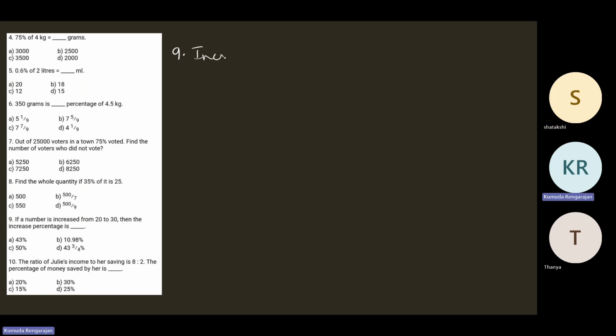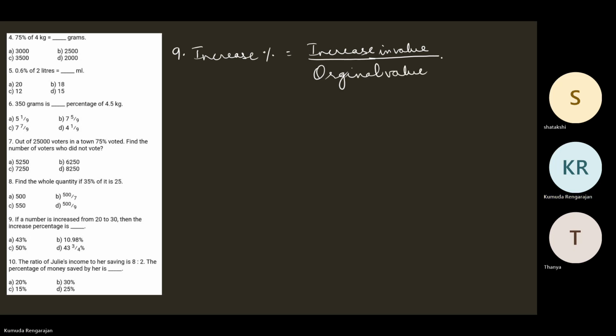Yeah, okay. See, this is the formula. Increase percentage is equal to increase in value by original value, multiplied by 100. So what's the increase in value from 20 to 30?